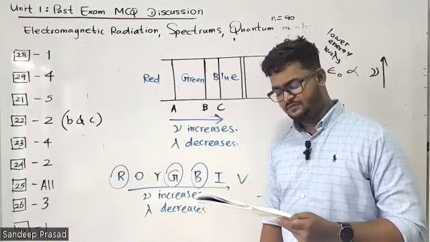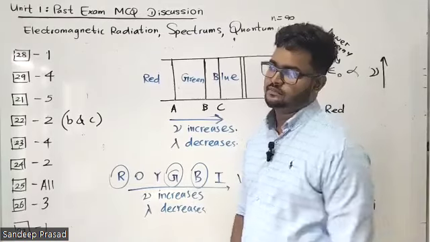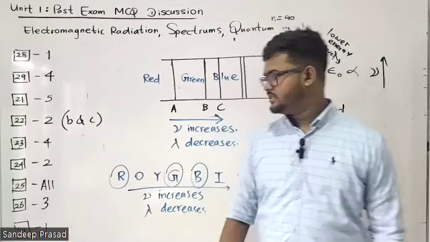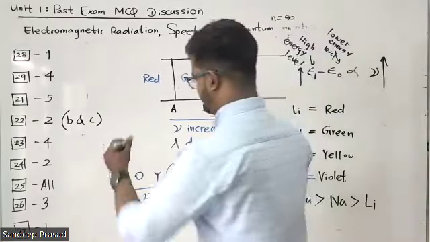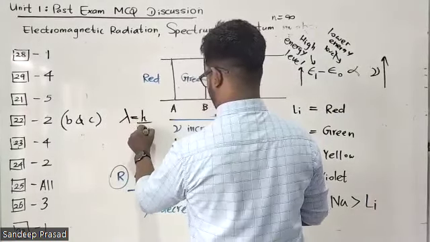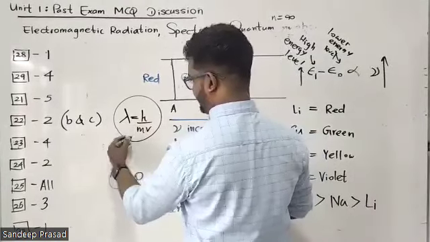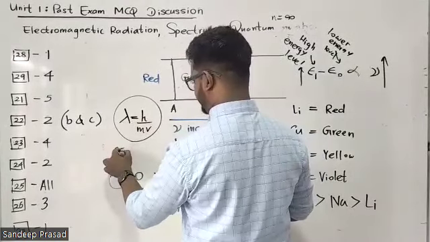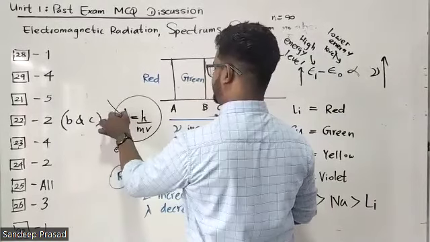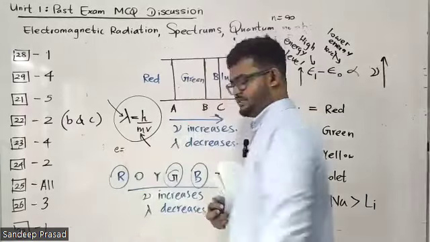Electrons do not behave as waves and particles at one and the same time. Remember, students, according to de Broglie's equation, we know that lambda equals h over mv, right? So, since we are applying this equation for the electron, this equation is representing the wave property of the electron as well as the particle property.